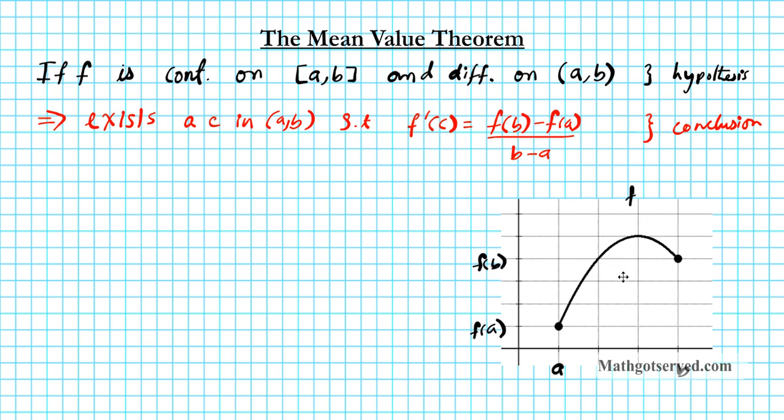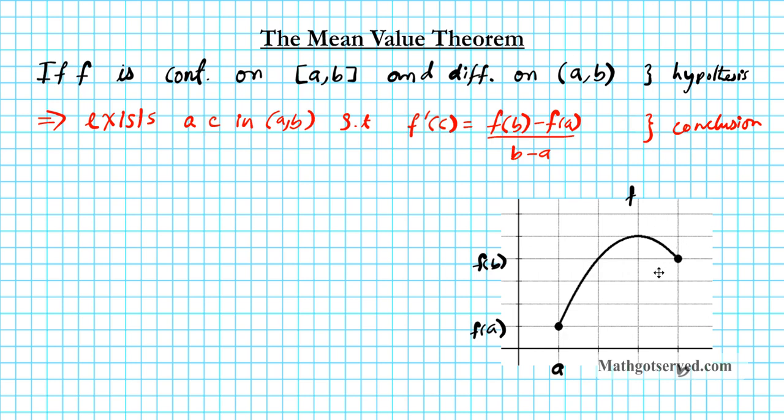Differentiability implies that it has no vertical tangent and it's smooth, meaning that you do not have any cusps or corners in the interior of this interval. No cusps, no corners, no vertical tangents, and we've already talked about continuity. So on the open interval AB, we see that it's a smooth curve.